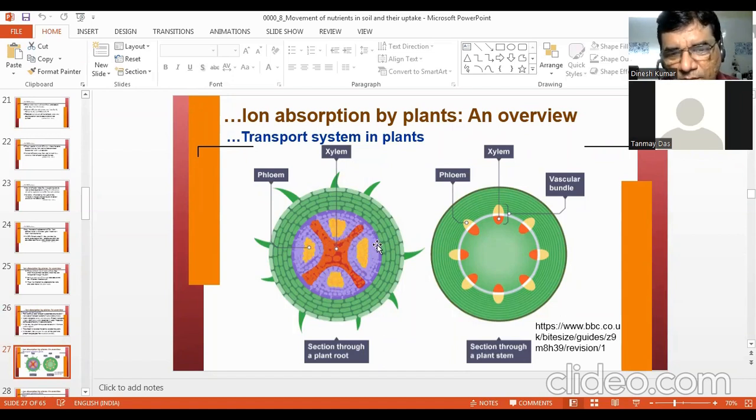Then comes one layer, which is the endodermis, and this endodermis has bands of Casparian cells. You can see small bands are there. They are the main hindrance in the transport of ions, and particularly apoplastic movement is stopped by the Casparian bands.